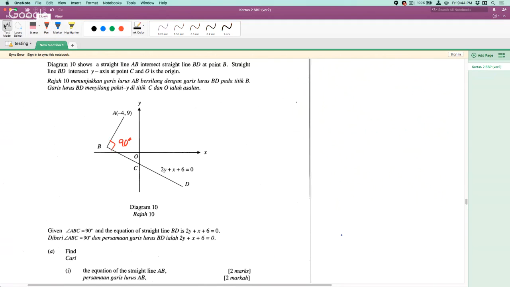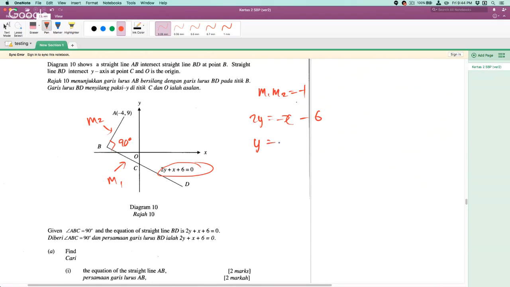Whenever I see 90 degrees, the first thing that comes to my mind is m1 m2 equals -1. In order to use this, I will need to know at least the gradient of this one, then only can I find the gradient of the second one. Luckily we have the equation here, so I make this equation into y equals mx plus c. Basically 2y equals -x minus 6.